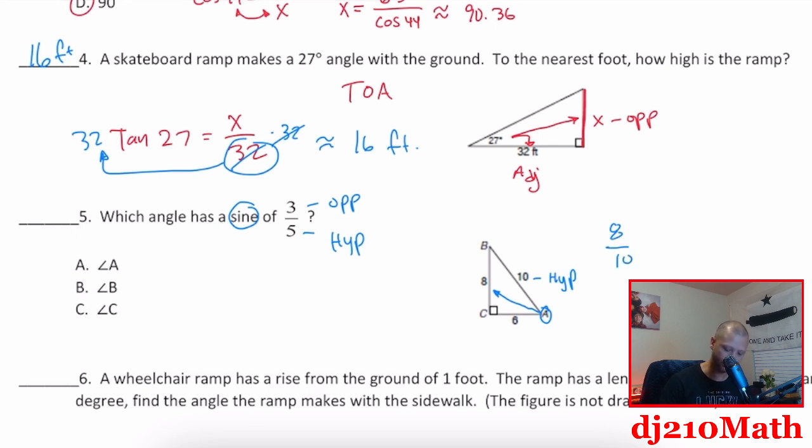That does not reduce to 3 over 5. We look at B, opposite would be 6. Hypotenuse would be 10. And that does reduce to 3 over 5. So angle B.